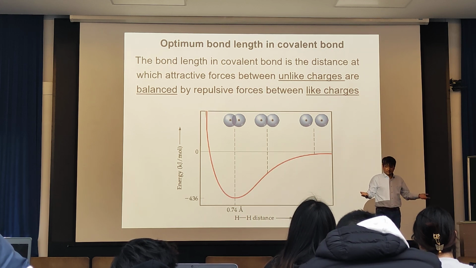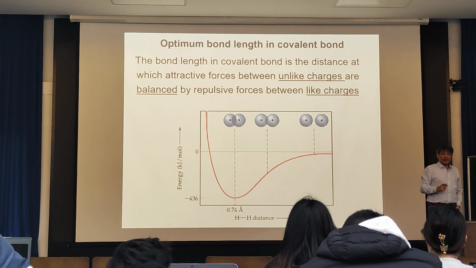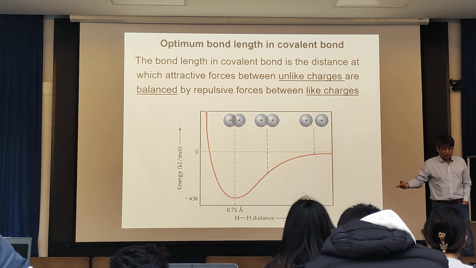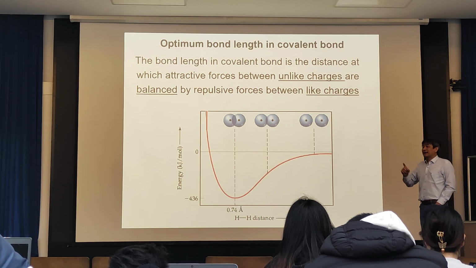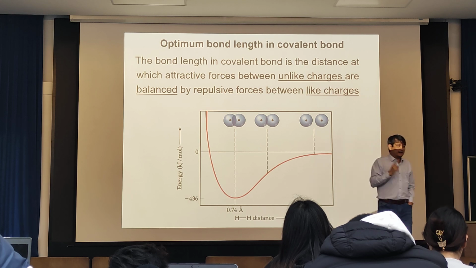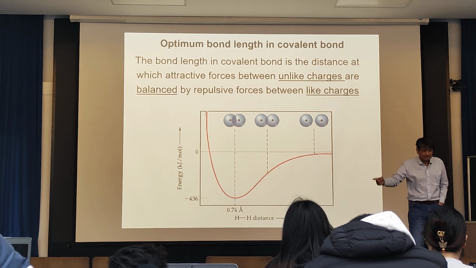Okay? Is it correct? So you remember that the hydrogen molecule can have several energy levels. The hydrogen molecule, not the hydrogen atom. The hydrogen molecule can accept several energy levels, and each energy level corresponds to a distance between the two atoms.